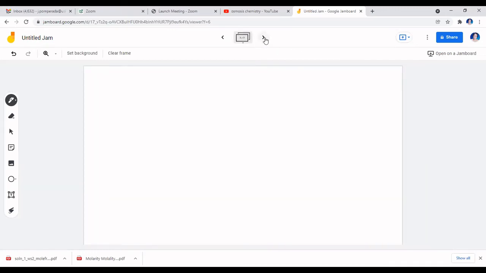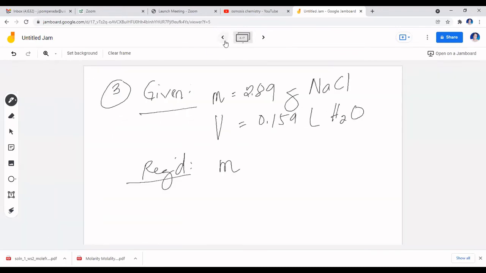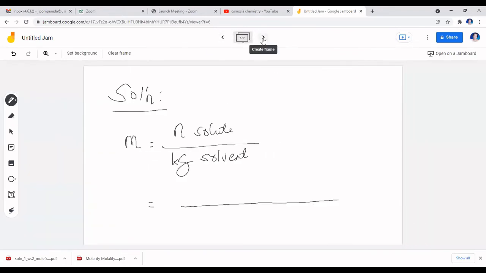And what is molality? Molality is moles solute per kilogram solvent. So if we need the moles of solute, we can go directly to the solution, because it was already illustrated in the previous example how to get the moles given the mass. So we have 2.89 grams NaCl.